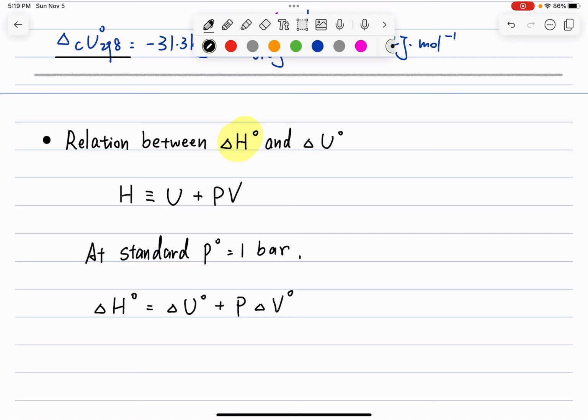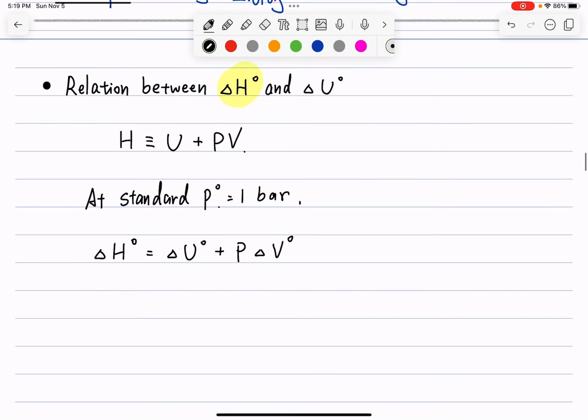So we're going to use the definition of enthalpy here. H is by definition equal to internal energy plus PV. Now, if we're talking about standard condition, you have delta H naught equals delta U naught plus P naught delta V naught. Every time you see this little superscript, we're talking about the standard state.